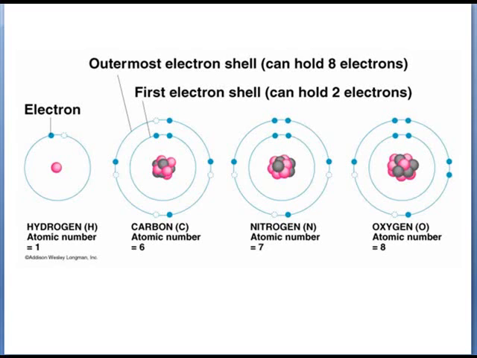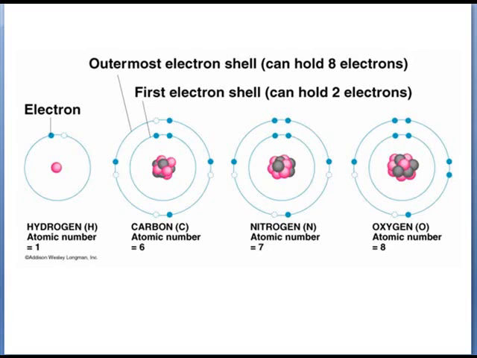Moving over to nitrogen, once again you'll see 2 electrons in the first core shell, which is always filled first, and then there are a total of 5 electrons in the outer shell, and since the maximum is 8, there are 3 open slots.